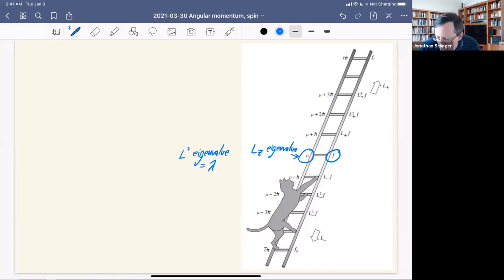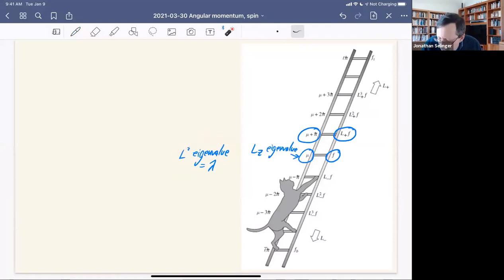Then we can hit this state with an L plus operator and we get that state. The Lz eigenvalue is mu plus h bar. The L squared eigenvalue is still lambda. It doesn't change.